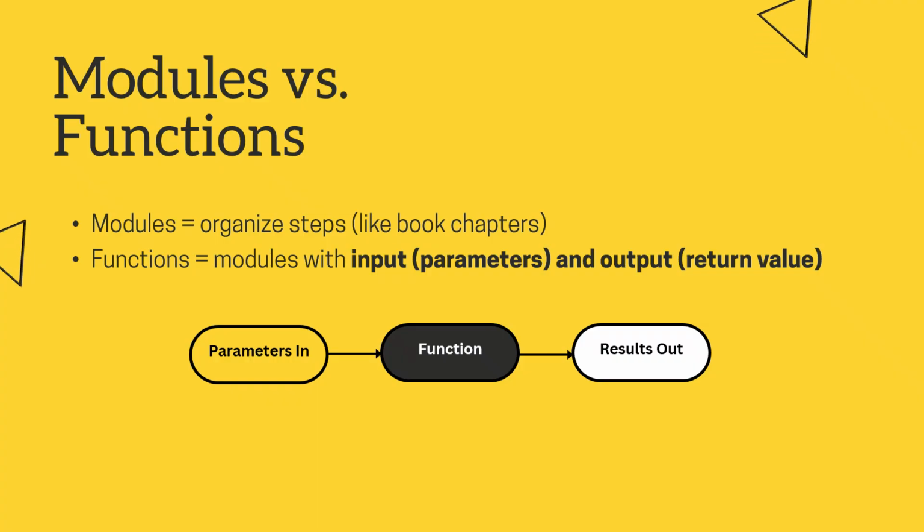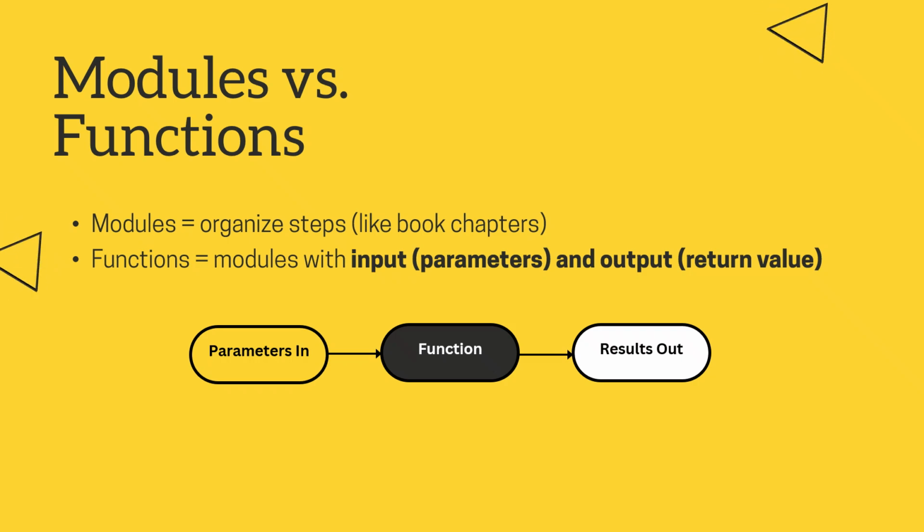Now, a function is a special kind of module that will accept parameters, the input data that you give it, and then it returns a single result to whoever or whatever called it. So all functions are modules, but not all modules are functions.